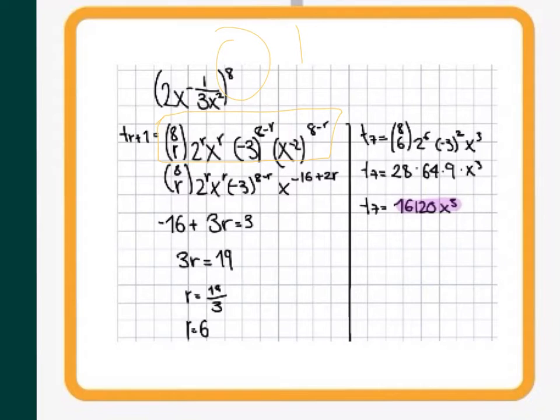So we know that the formula says T r plus 1 is equal to nCr times x to the power of n minus r times y to the power of r. So we're going to replace those values. We know that x here has a coefficient of 2, and to make calculations easier, we're going to divide it.